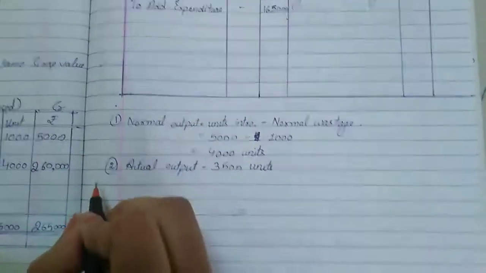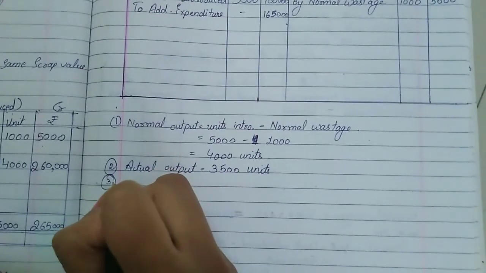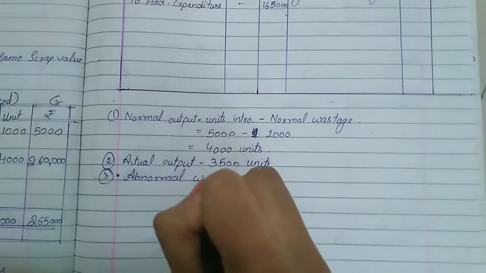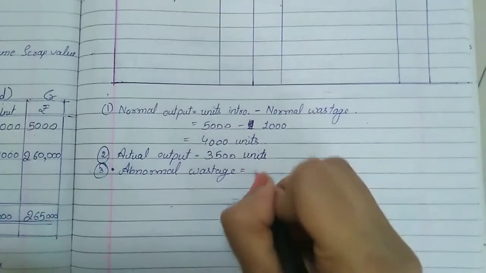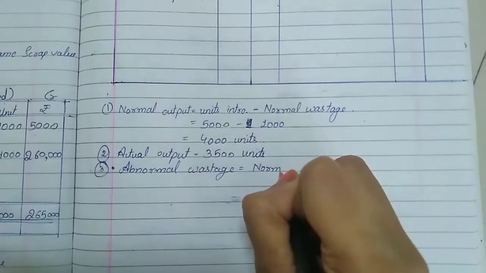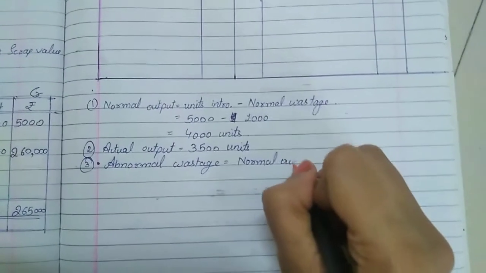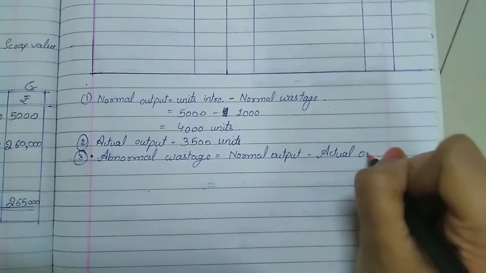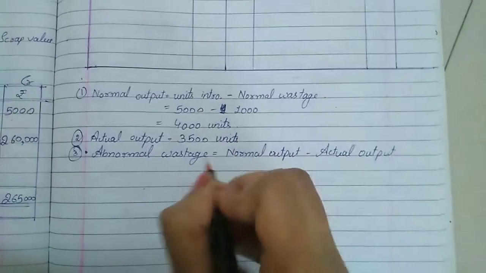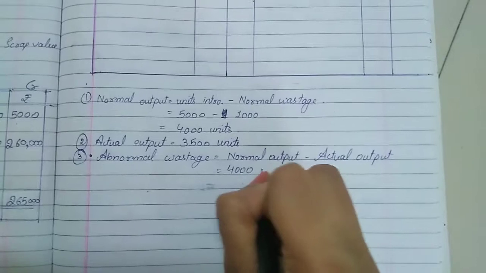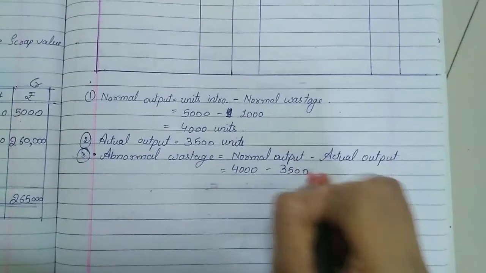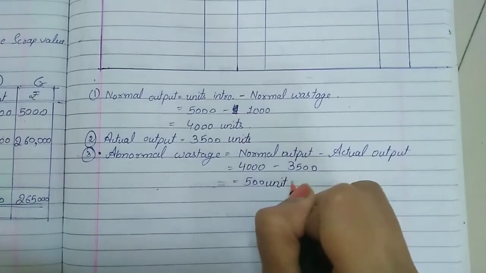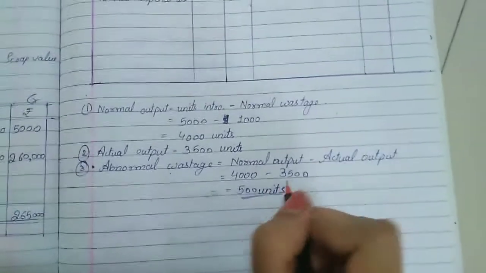So here we will write abnormal waste equals to normal output minus actual output. Normal output is 4000 minus 3500 actual output equals to 500 units is abnormal wastage.